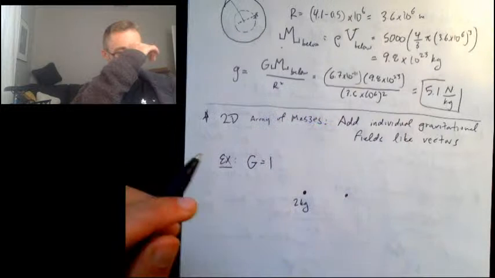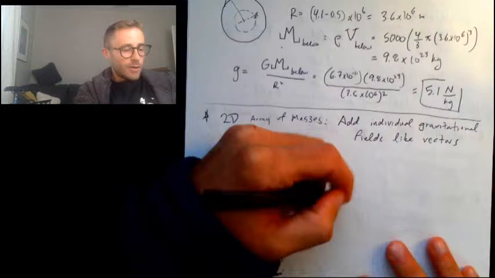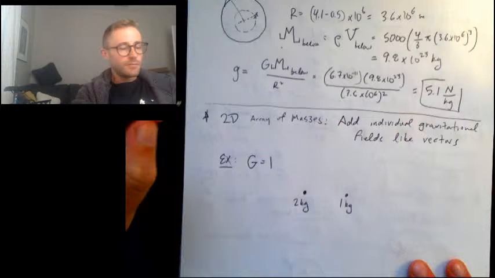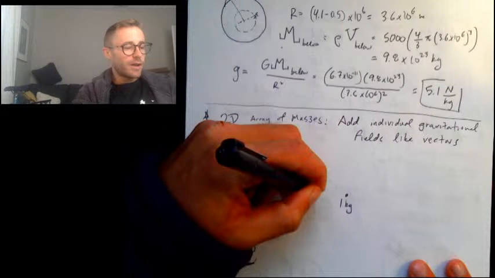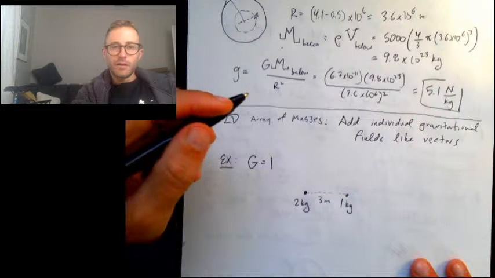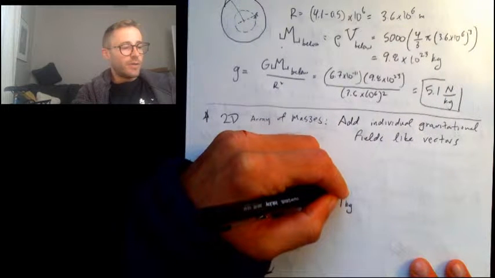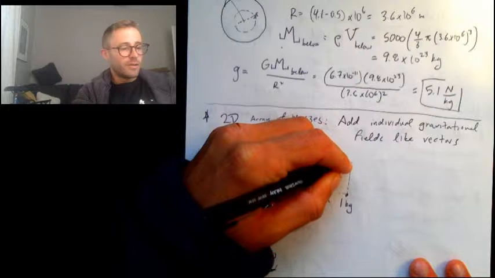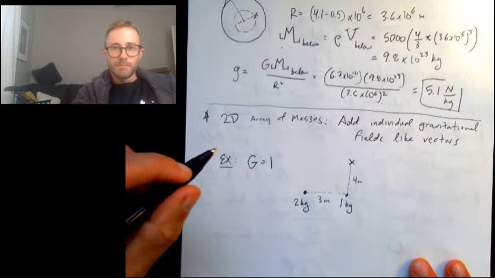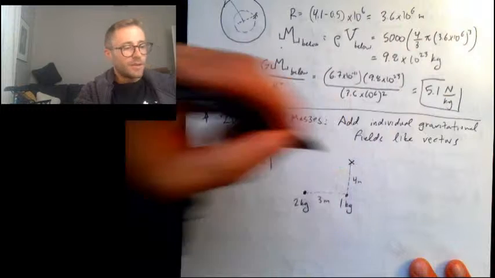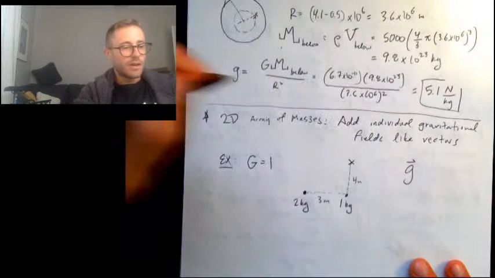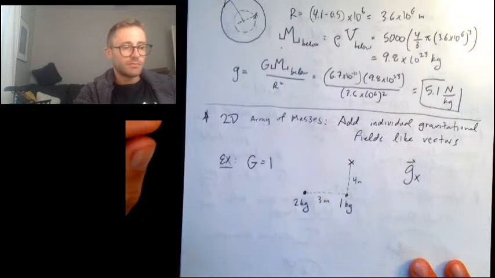We have a 1 kilogram mass that's right here. And these are separated by 3 meters. All right. And then this right here is 4 meters. And there's a spot right there. And I want to know, what is the gravitational field vector at x?